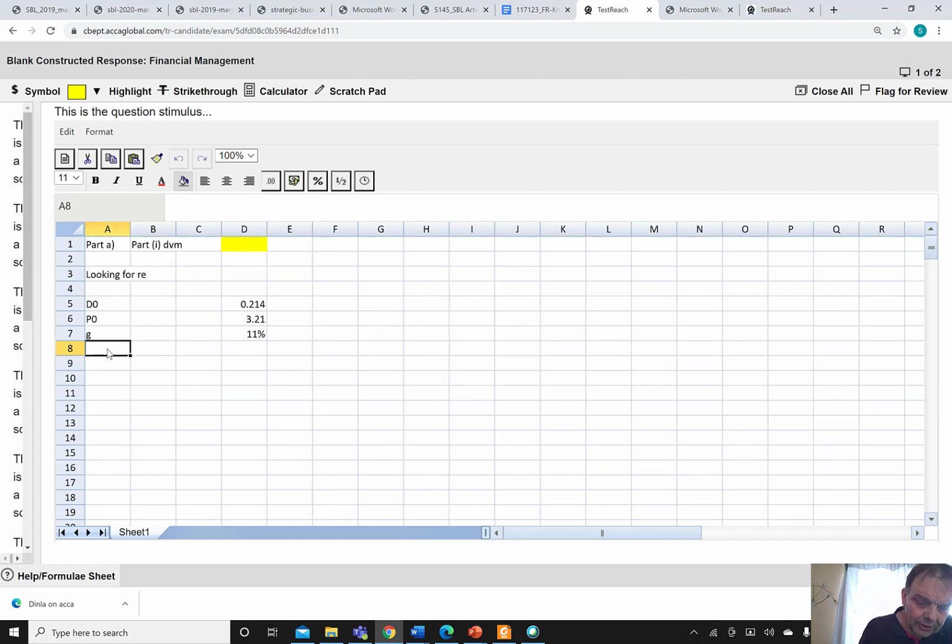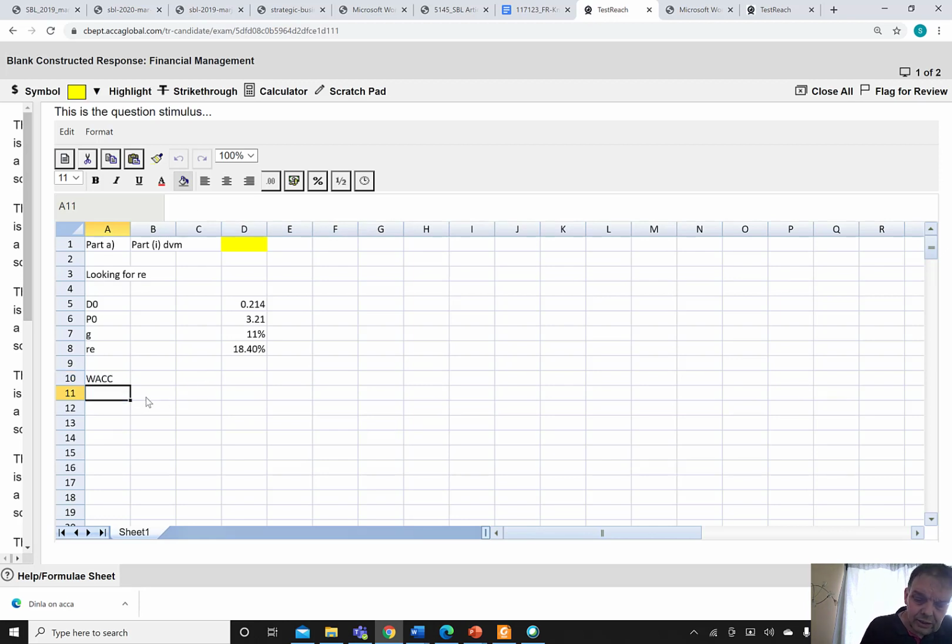So putting this into the formula, RE equals D0, yes, that's right, times 1 plus the growth rate divided by P0, and then we add the growth rate again. So here we've got 18.4, which I'll put into a percentage with 2 decimal places, and we can now put this into the weighted average cost of capital.